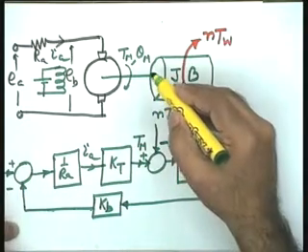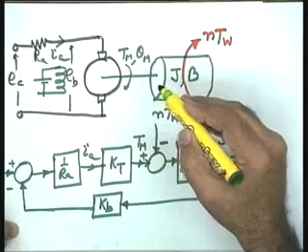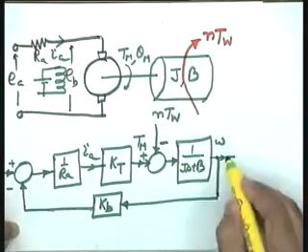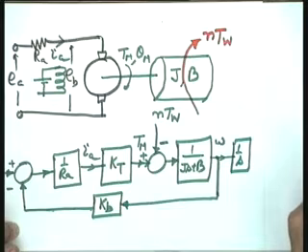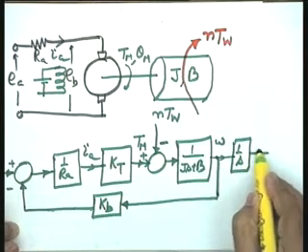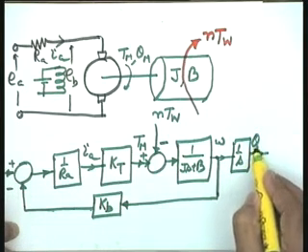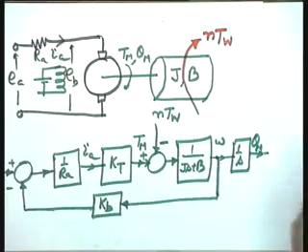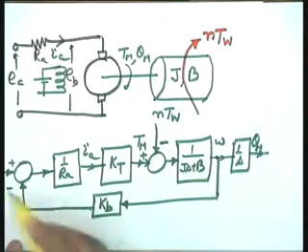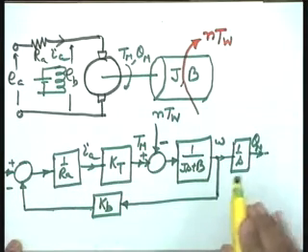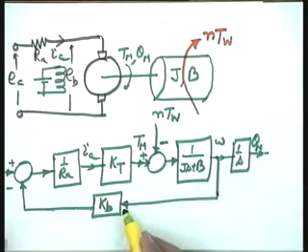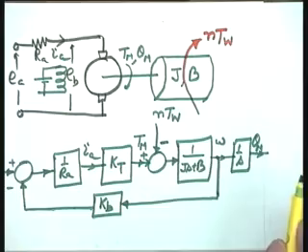Now, if the output of interest is position and not speed, in that case you will put a block here, an integrator 1 over S, and the output in this case will become theta m. Theta m is the output, the position, and Ea is the input armature voltage, and there is a loop inherent in the system because of the back EMF, and this loop is through the back EMF constant Kb.